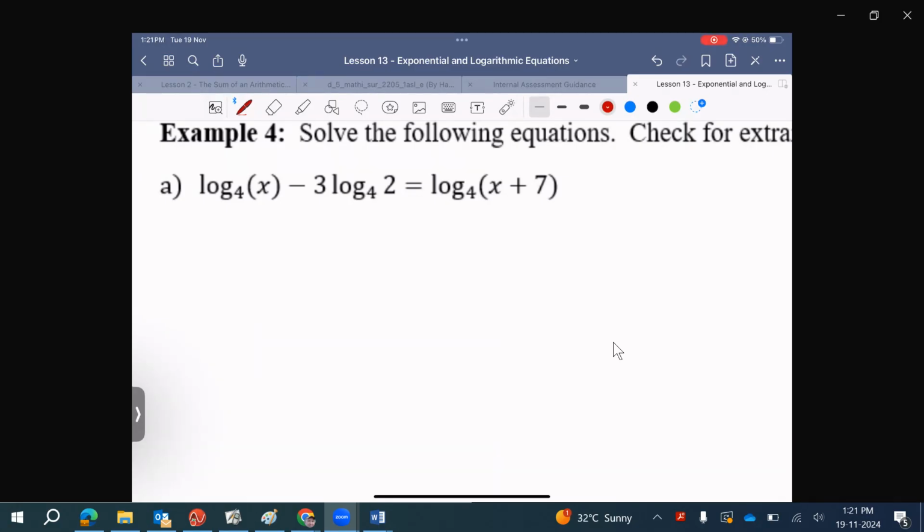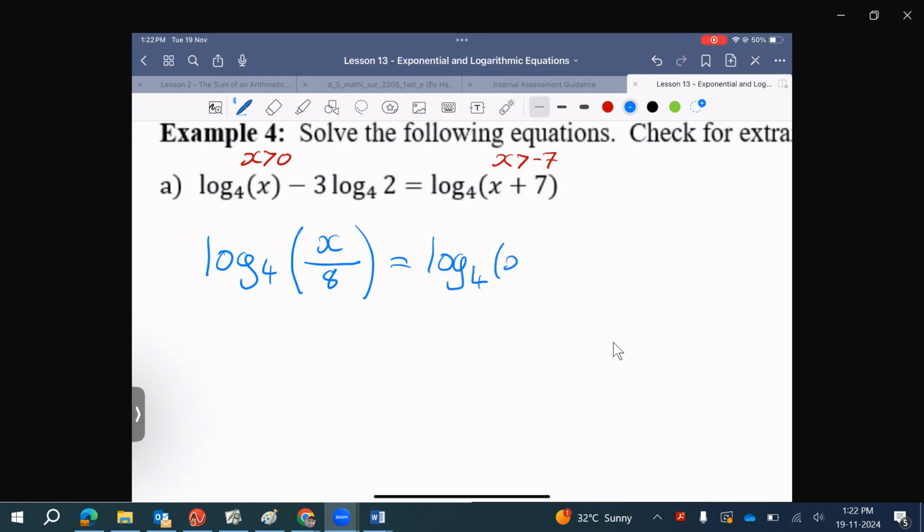So x is greater than 0. x is greater than negative 7. So x is greater than 0. This is going to give us log base 4 of x over 2 to the power of 3, which is 8, is equal to log base 4. Nice, they're both the same logarithm, x plus 7.